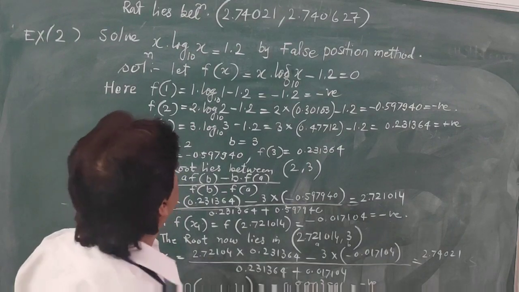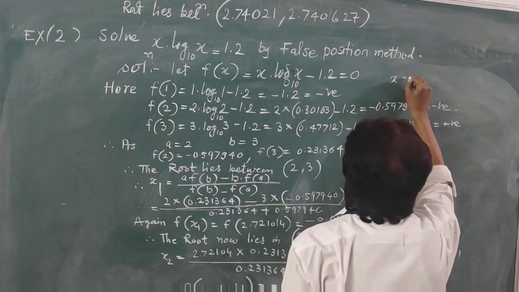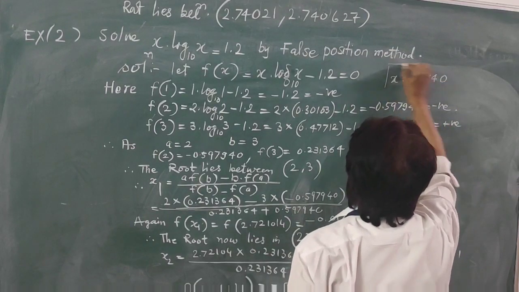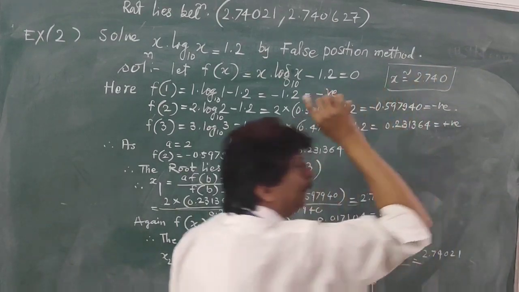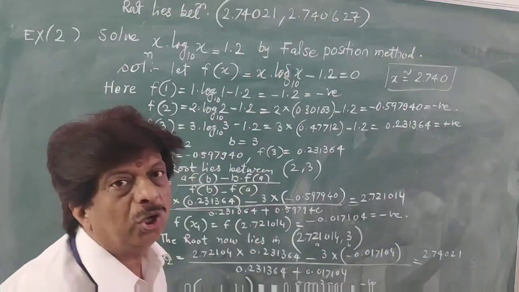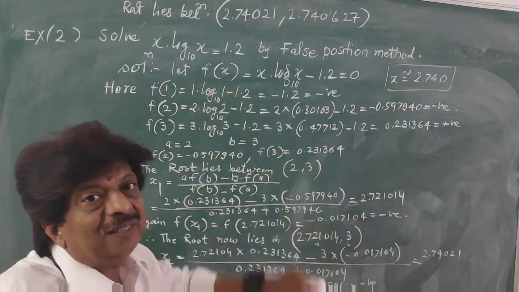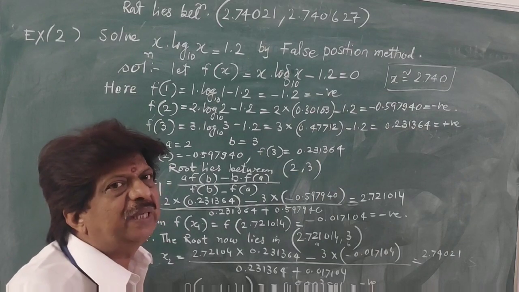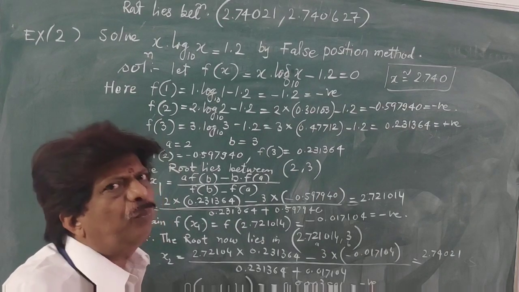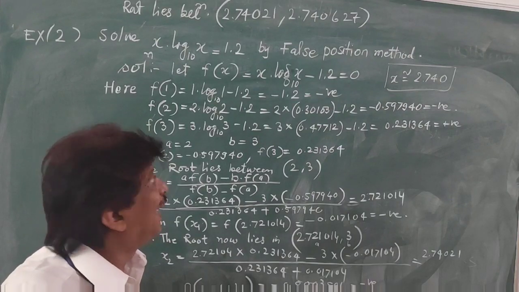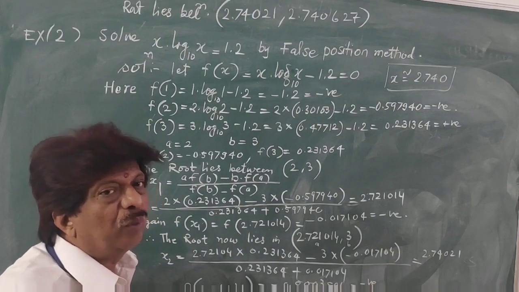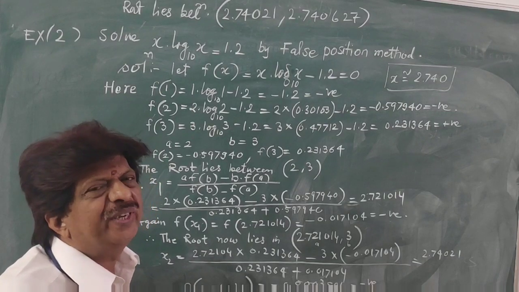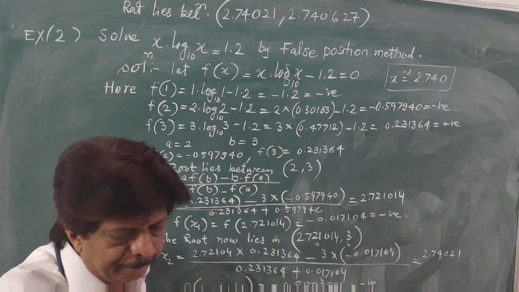Therefore x equal to 2.740 is the approximate root of the given transcendental equation x log x to the base 10 minus 1.2 equal to 0, or x log x to the base 10 equal to 1.2. So the answer is approximately 2.740. That is the answer.